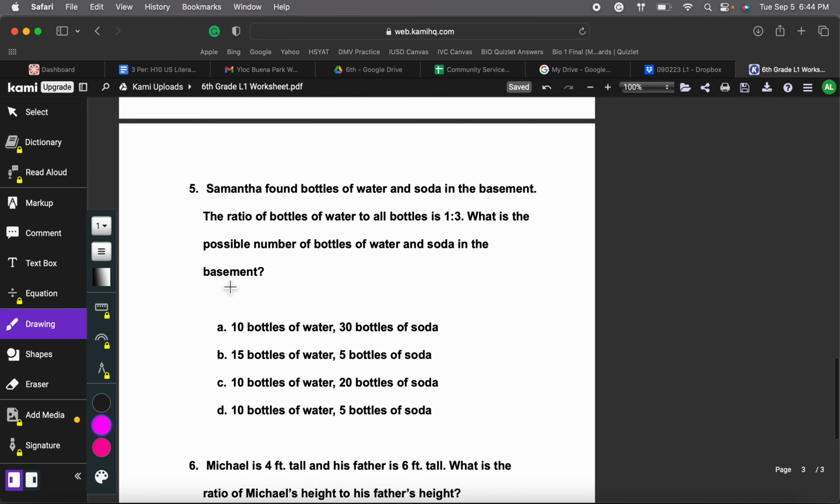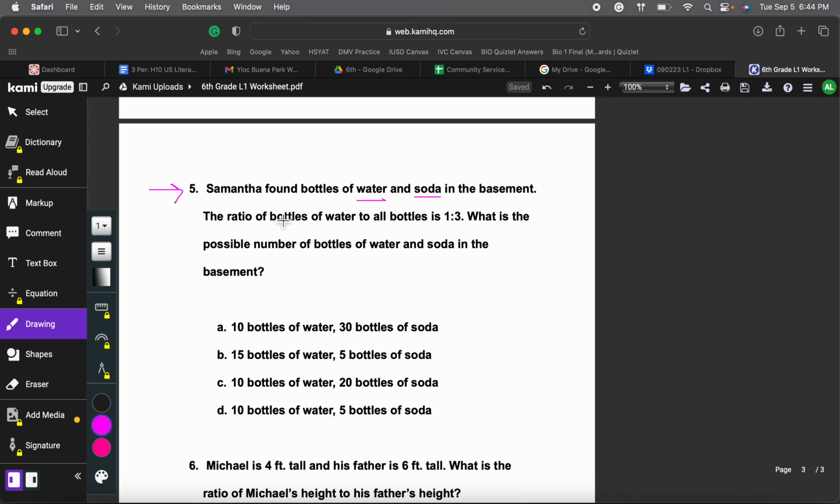And last page, let's look at number 5. So first, let's read the question. So it says Samantha found bottles of water and soda. So she found water and soda. So they haven't said how many she found in the basement. Okay, let's go ahead and read what it says next.